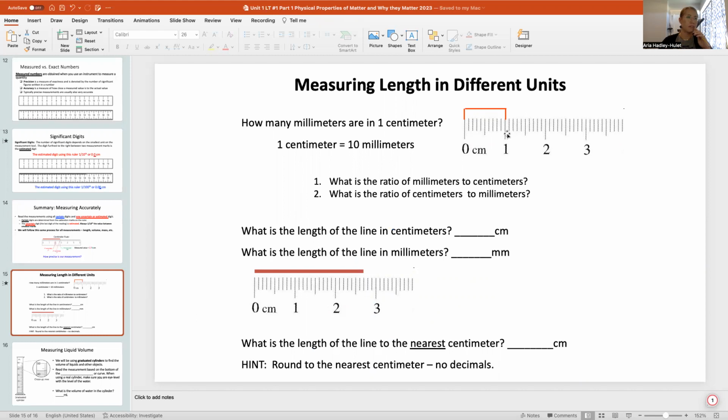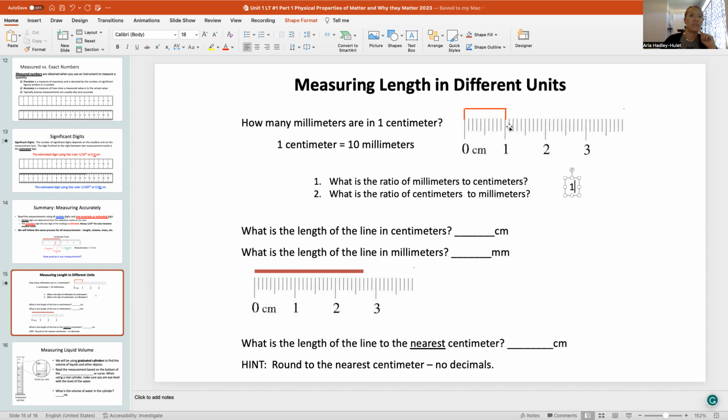Okay, I'm looking at this first one on the top here, and I see that there is a line right at 1, right? Like there's actually a line that represents 1. And so I need to make an estimation.